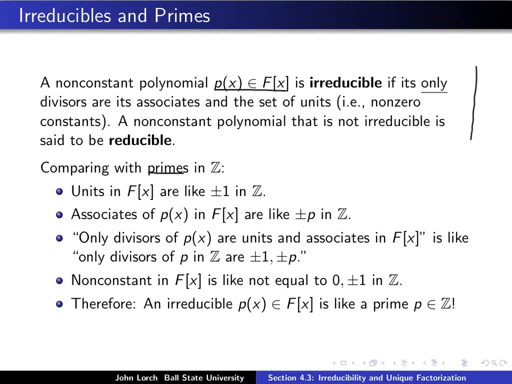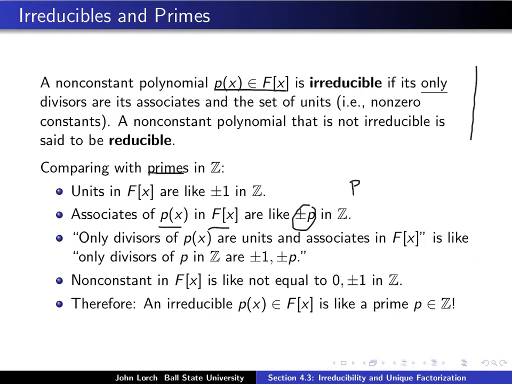Now, if we look at associates of a polynomial in our polynomial ring, how do we get those? Well, we multiply our polynomial by any non-zero constant. That is, we multiply our polynomial by a unit in our polynomial ring. Well, over in the integers, we can think about starting with a number p, and if we multiply it by the units in the integers, we're just multiplying by plus or minus 1, and so the associates of p in the integers are just plus and minus p.